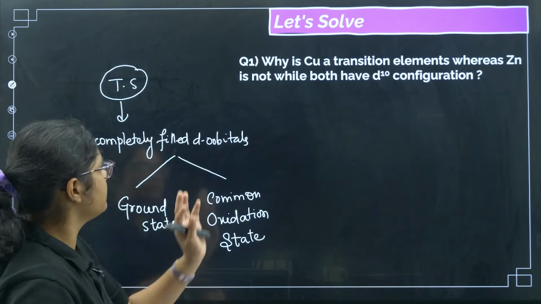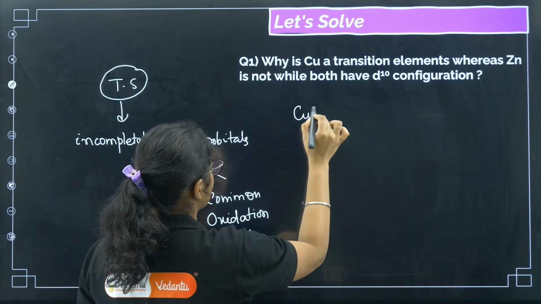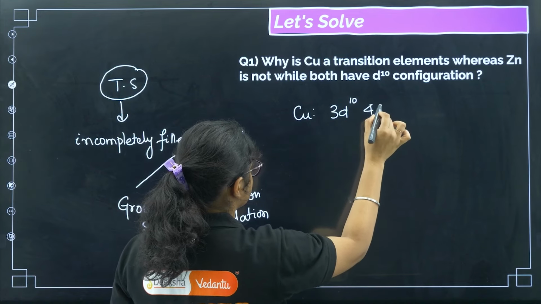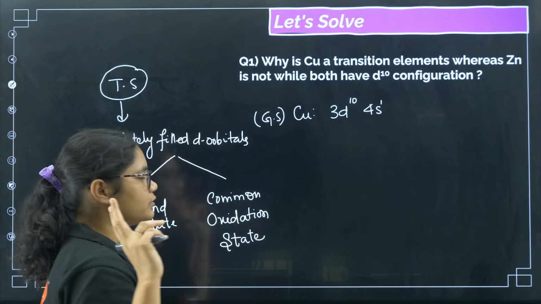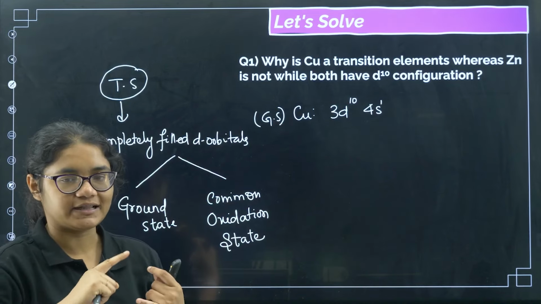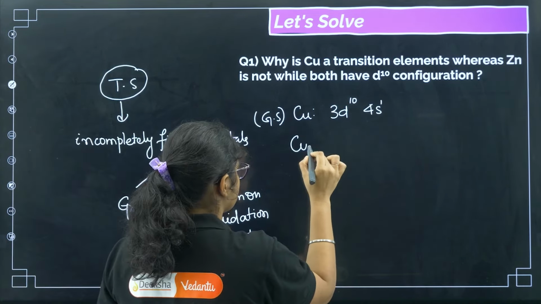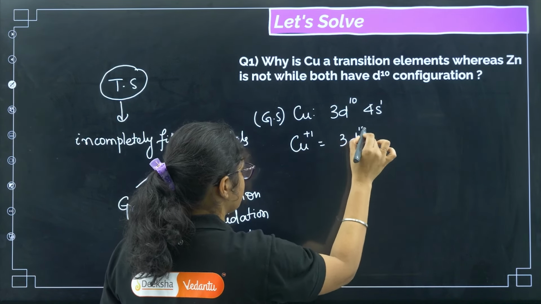Now we have been given two things, that is copper and zinc. Copper's electronic configuration is 3d10 4s1 in the ground state, okay? Copper has two important oxidation states, copper plus 1 and copper plus 2. For copper plus 1, one electron will go from here and its configuration will be 3d10.